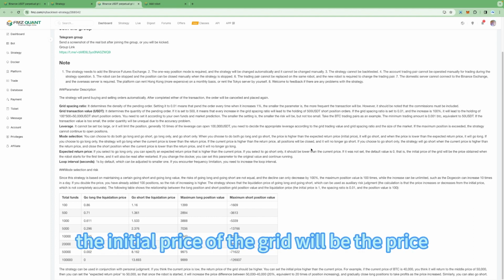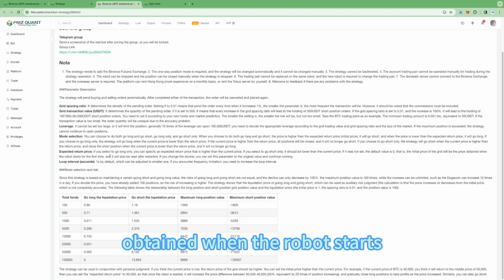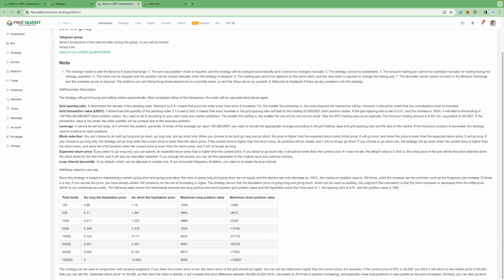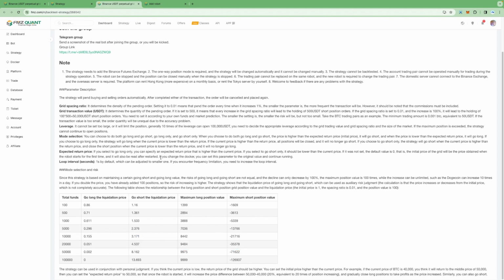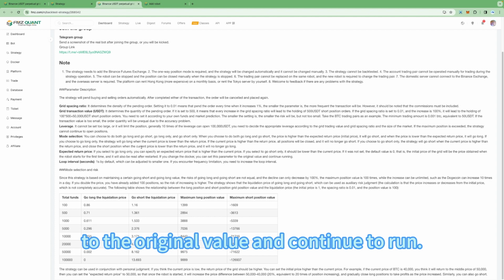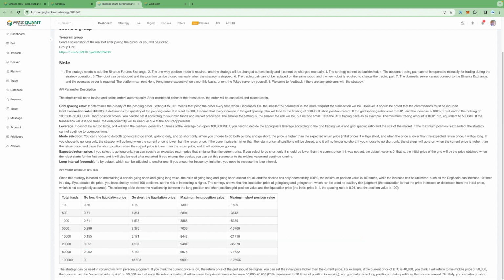That is, the initial price of the grid will be the price obtained when the robot starts for the first time, and it will also be read after restarting. If we change the Docker, we can set this parameter to the original value and continue to run.